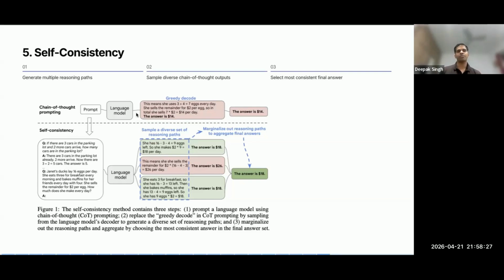So self-consistency can be very well used if you're an AI PM building, let's say, an AI tutor or something which requires higher levels of reasoning. For example, when you're building a tool for PMs only, it requires higher levels of reasoning. And because of that, you want to employ self-consistency so that it can think in two or three different ways.